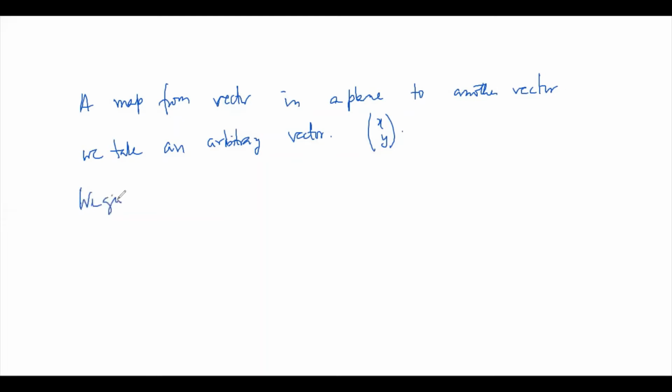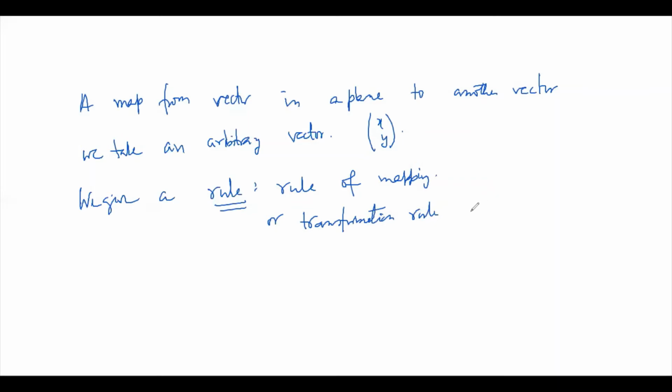So suppose I give a rule. We call this a mapping or transformation rule. By that I mean you have the vector given (x, y), we map this to a vector, you can just say (x plus 1, y plus 1).